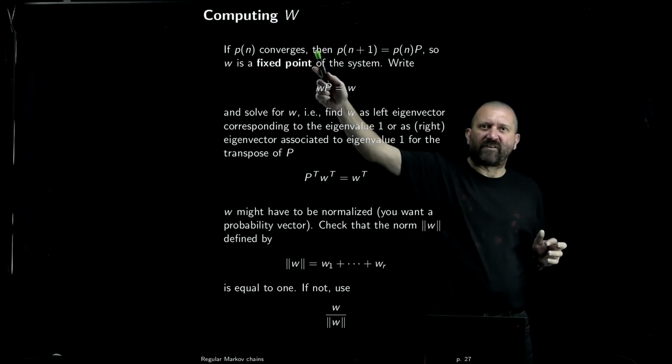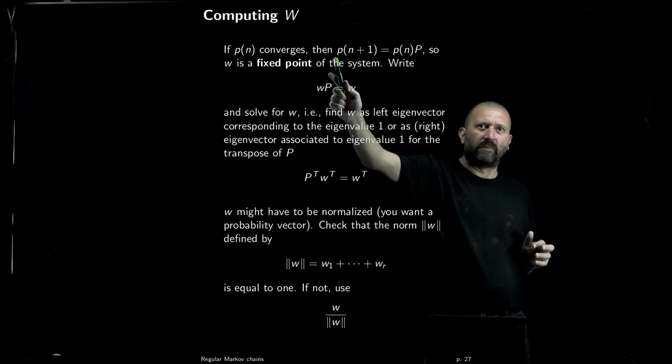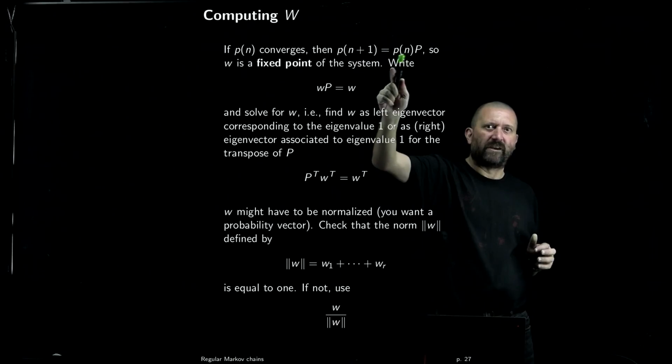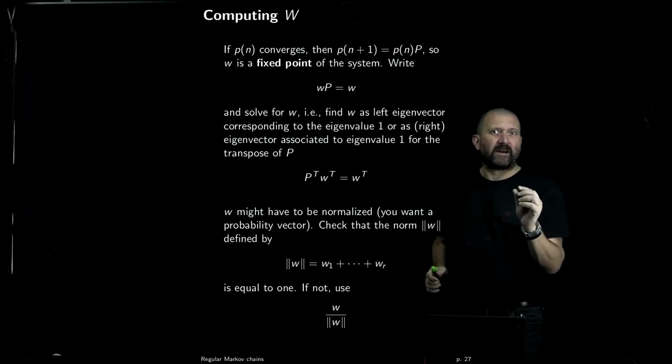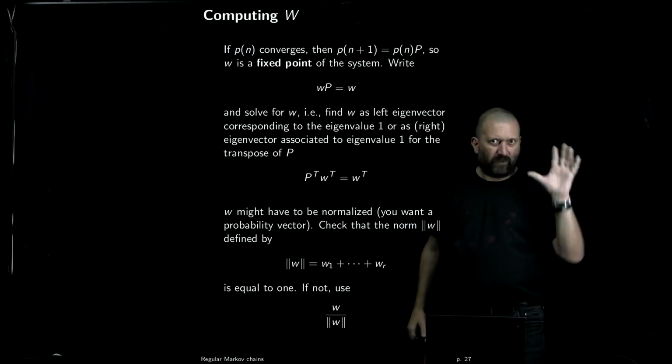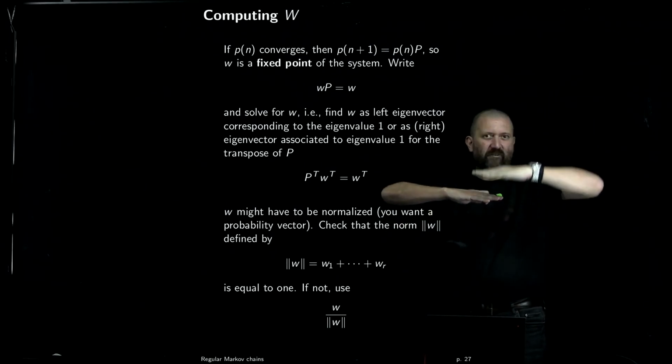But that process is defined by this recurrence equation: P of n plus 1 is equal to P of n times P. If I have reached my limit, then P of n is equal to W.